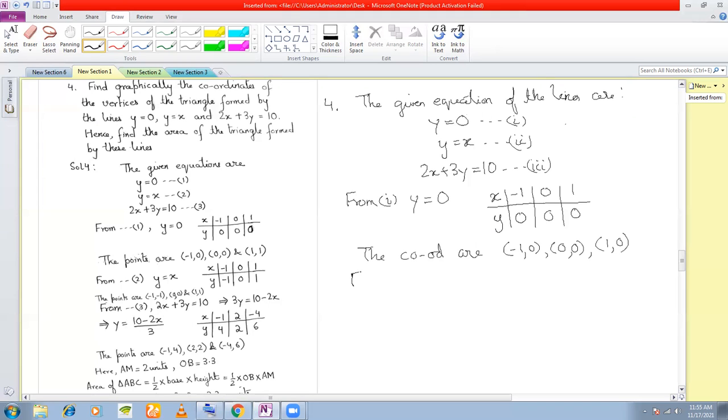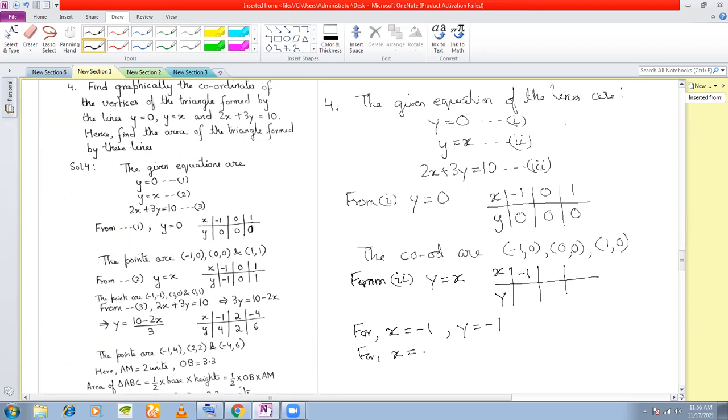From 2, you have y is equal to x, right? You can take any 3 values of x you want. So let's take x is equal to -1 first. Since y is equal to x, you will get y is equal to -1.